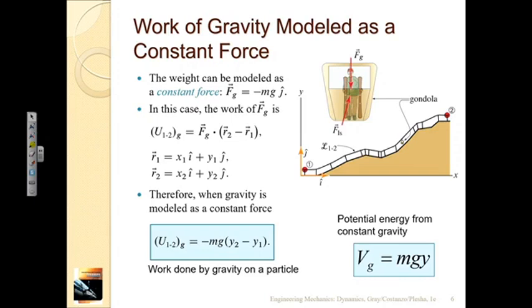Instead, hey, my potential at state 1, mg y1. Done. My initial height. Potential at state 2, mg y2. Easy.